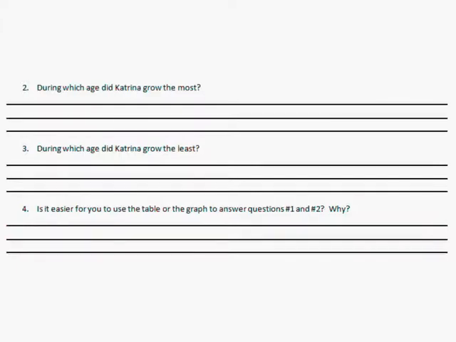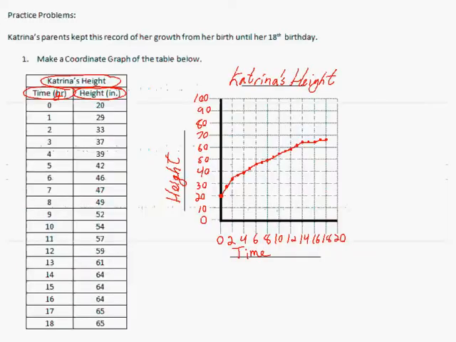During which age did Katrina grow the most? Remember, if you're looking for the fastest or the slowest speed, we have to look and see what we are adding by here and find the fastest. So 20 to 29 is 9, 4, 4, 2, 3, 4, 1, 2, 3, 2, 3, 2, 2, 3, 0, 0, 1, 1.